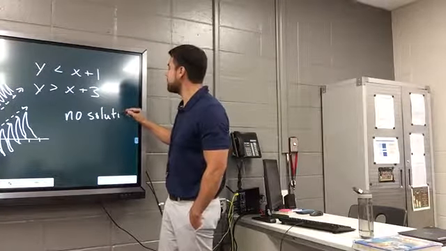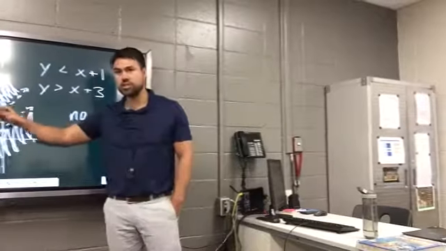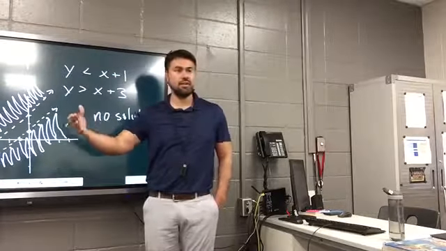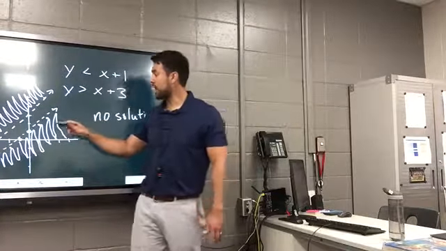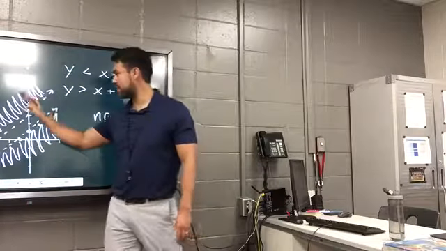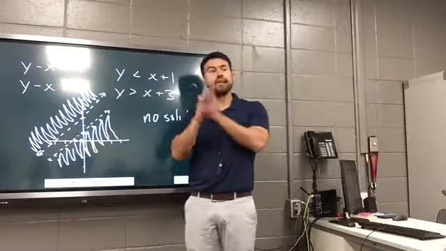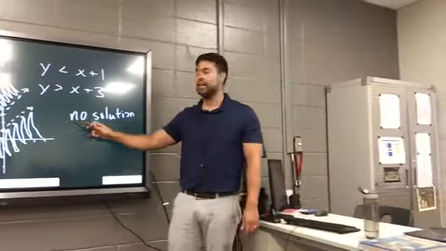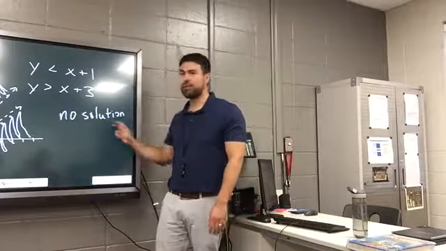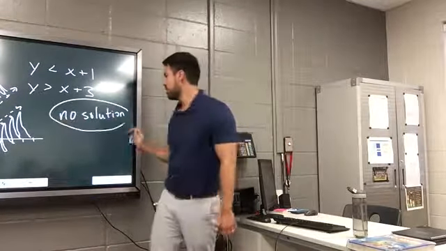Why? Because is there any part of these shaded regions that overlap? There's no solution. If I had this overlapping the top part, then I would keep that as the solution. But here, is there any overlapping shaded part? No solution.